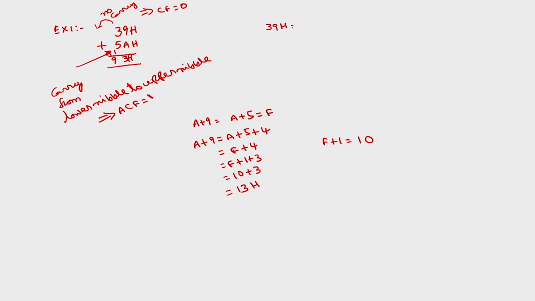39H will be 0 0 1 1 1 0 0 1, 5A will be 0 1 0 1 1 0 1 0.